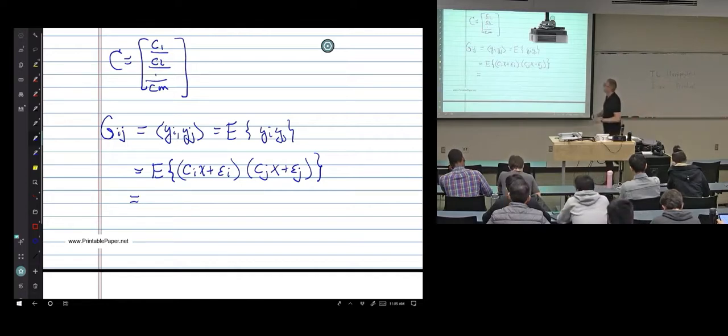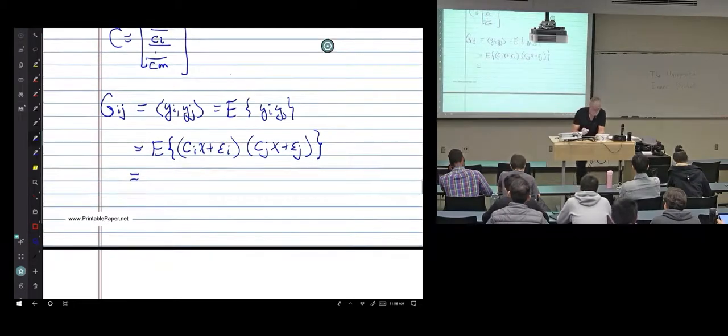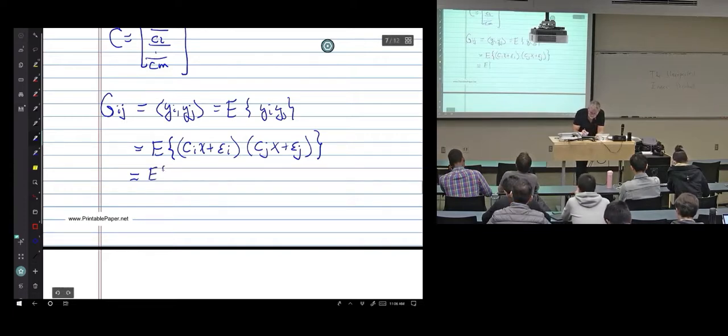So we're just breaking down each of these scalars into the components of y, writing them down in terms of the rows of C and the individual entries in X and epsilon. And so what do we get here? Let me see, I'll break it all up. So let's just multiply it out.